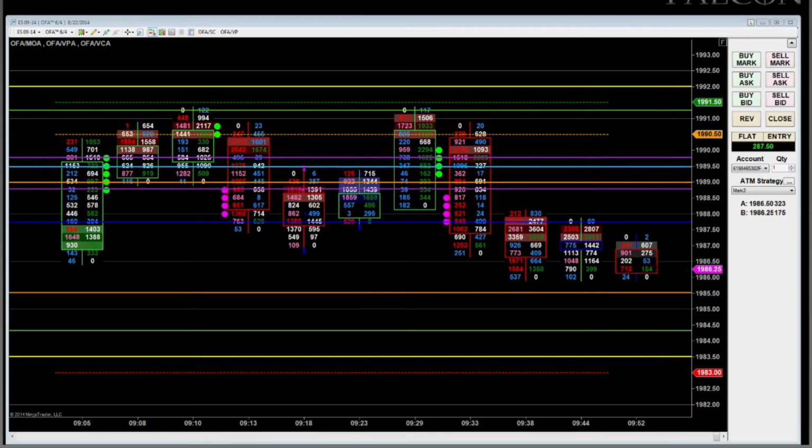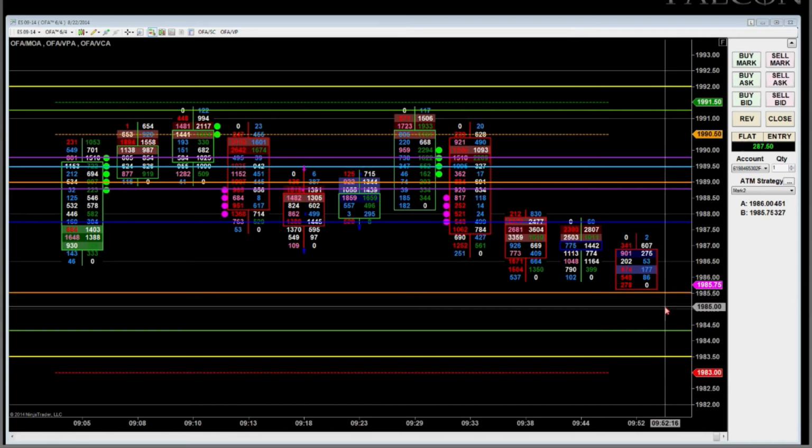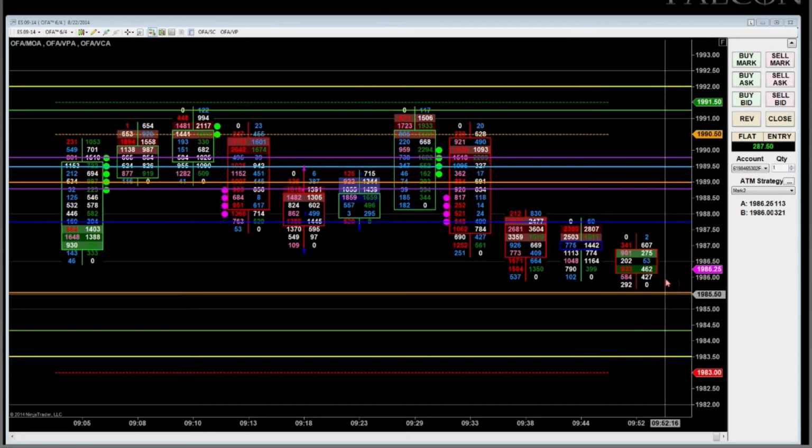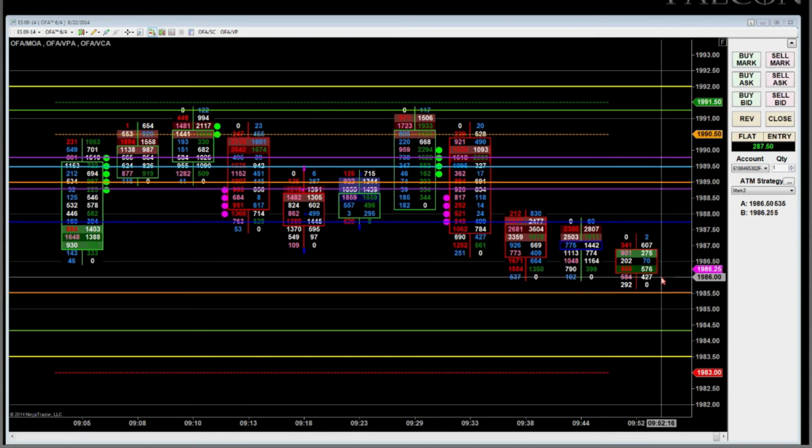Now I think 86.25 down to 85.50. That's what we were talking about this morning, down to about as far down as 85. So this is where we have a longer term low volume area, right in here.